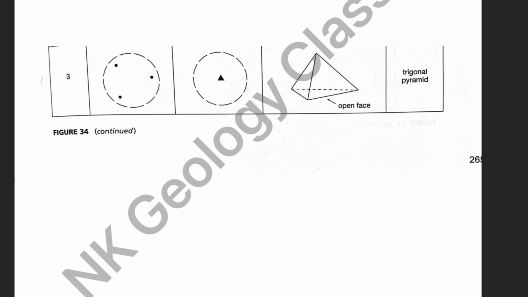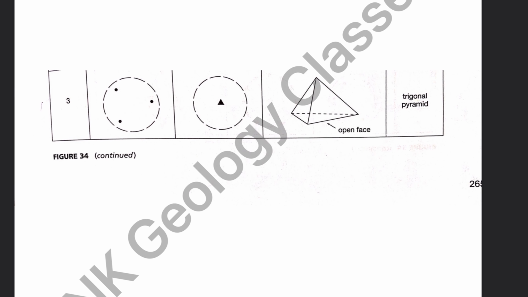So these are the 12 classes of the hexagonal crystal system. These 3-fold axis of symmetry with a pyramid. So it is trigonal pyramidal class, and it is an open form because the bottom is open.